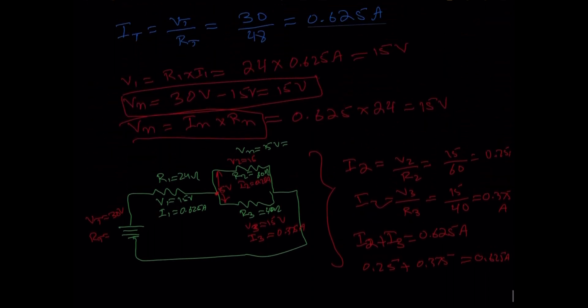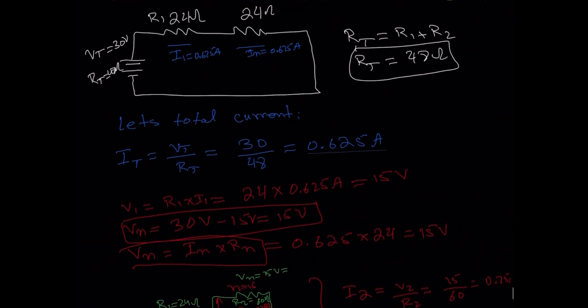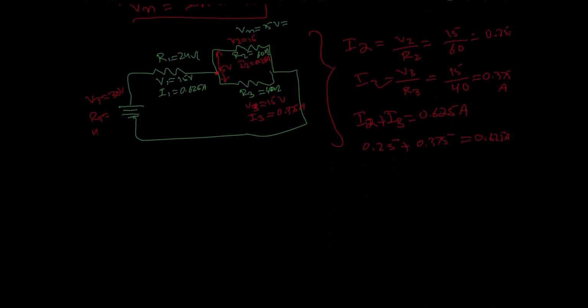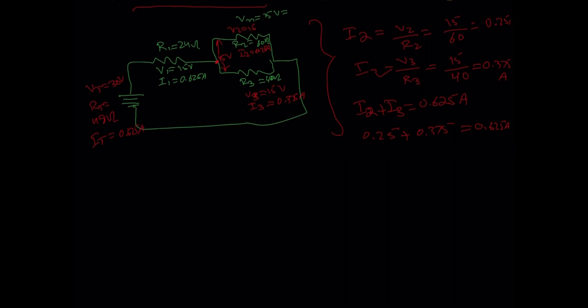RT was 48 ohms. IT was 0.625 amp. And now we found I2 also is 0.25 amp and I3 also 0.375 amp.